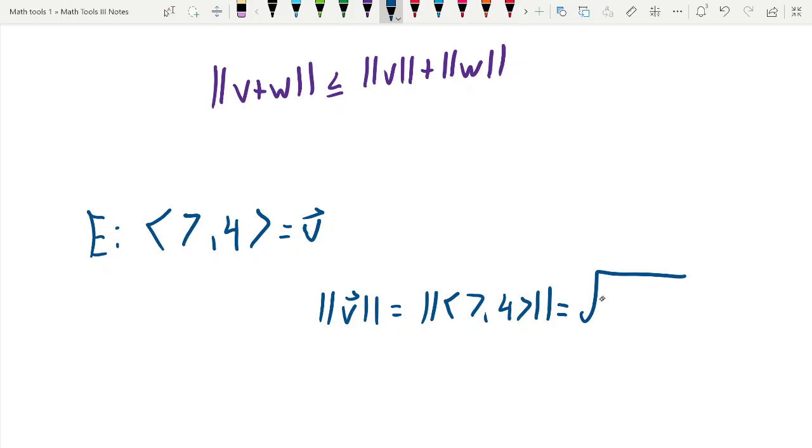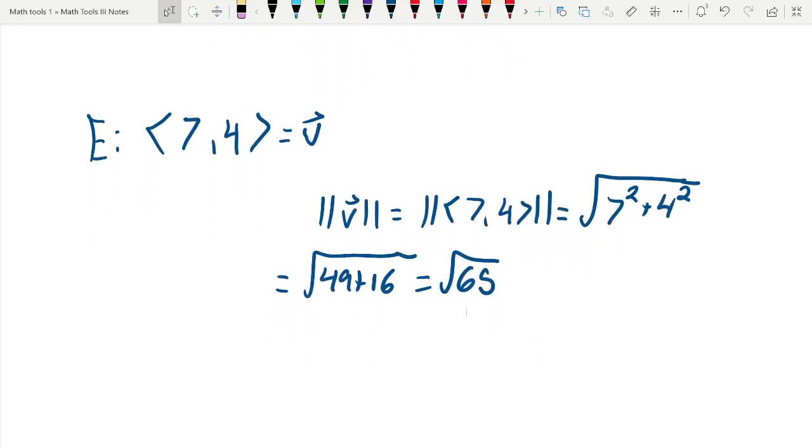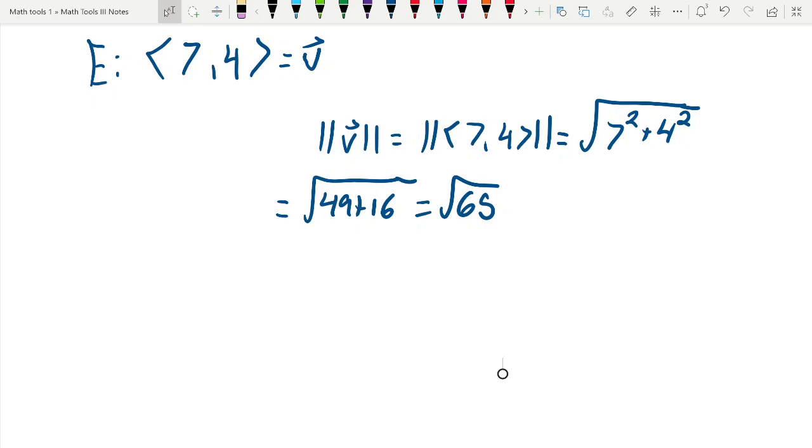So this would be equal to the square root of 7 squared plus 4 squared. So the square root of 49 plus 16, so the square root of 65. In general, you don't really need to simplify the square roots. It might come in handy sometimes. I don't think this one can be simplified at all. That would just be 13 times 5, so there's nothing we can pull out of that one.